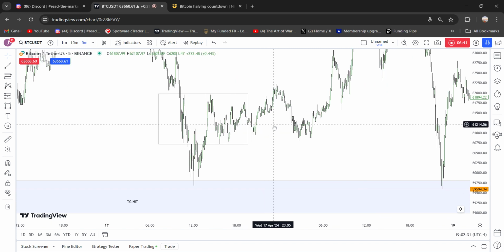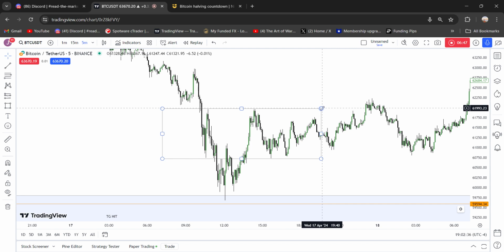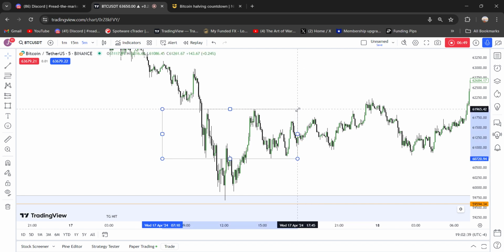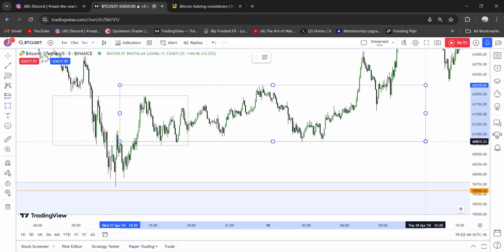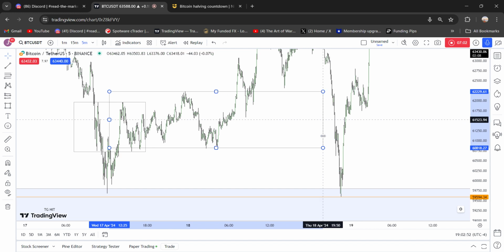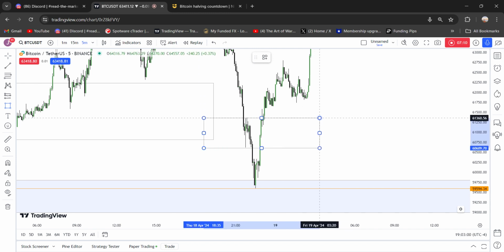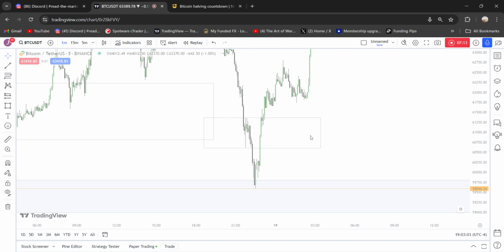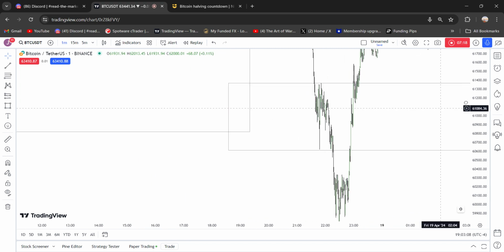This is the order that pushed price to this low, and this is a swap of that order which holds price to its target. So this zone here is one of the significant places where we can find orders.